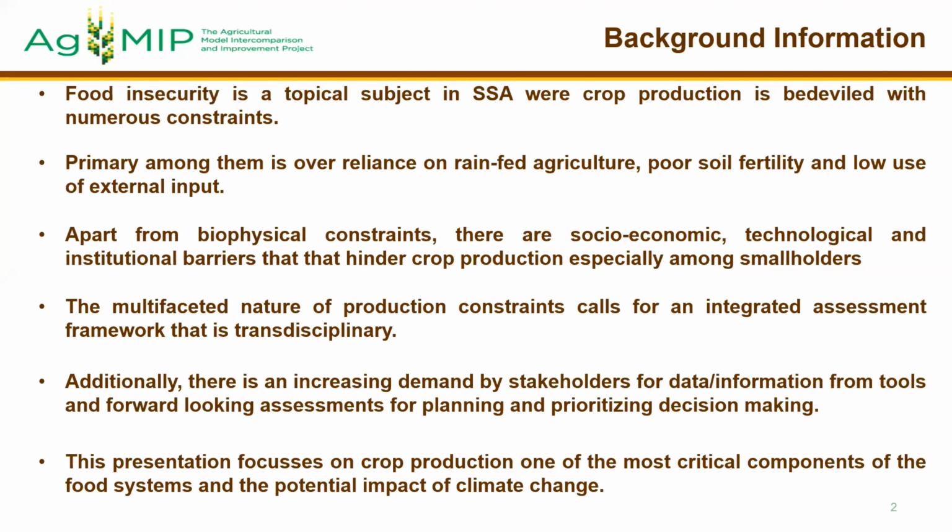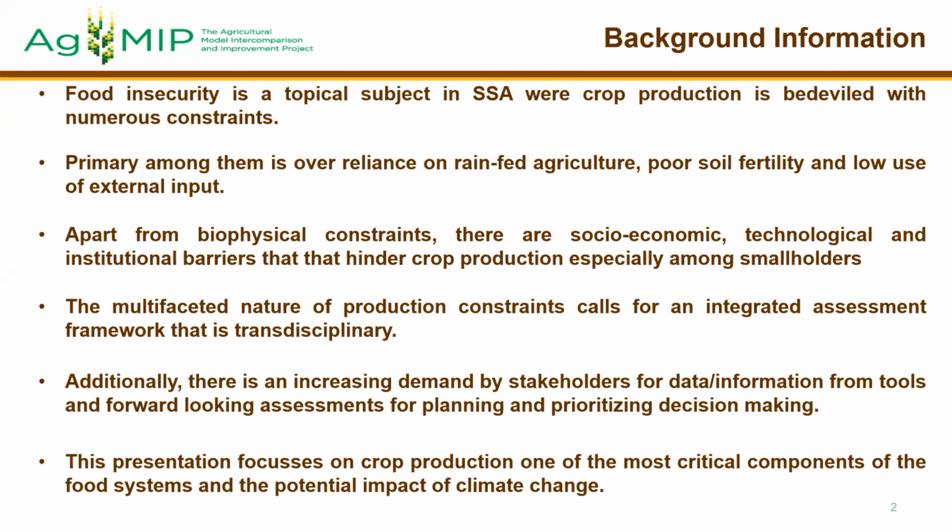The multifaceted nature of the production constraints therefore calls for an integrated assessment framework that is transdisciplinary. Additionally, there is an increasing demand from stakeholders for data and information products, tools and other forward-looking assessment frameworks that would enable adequate planning and prioritizing of the decision-making process.